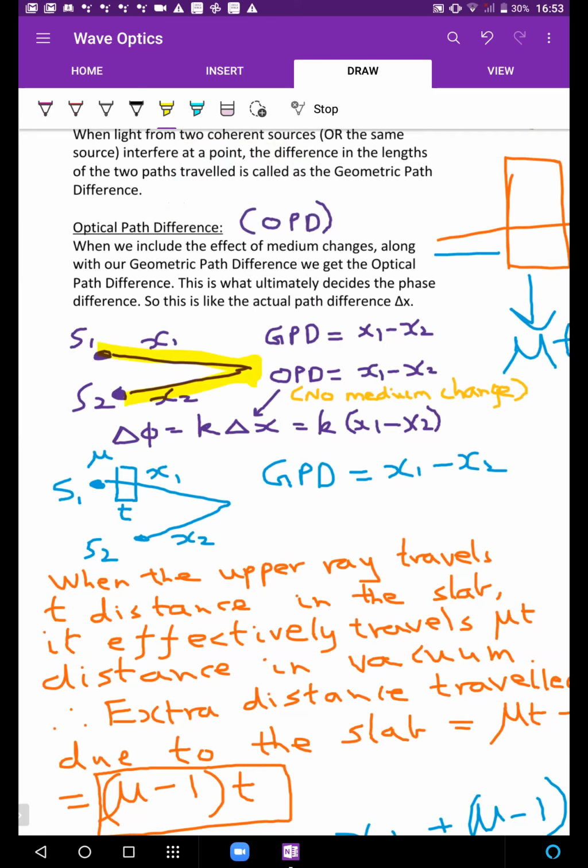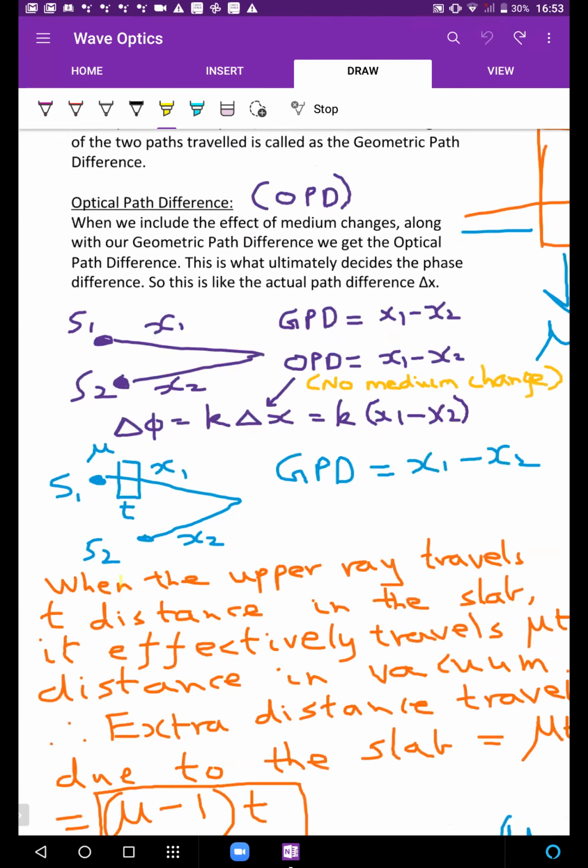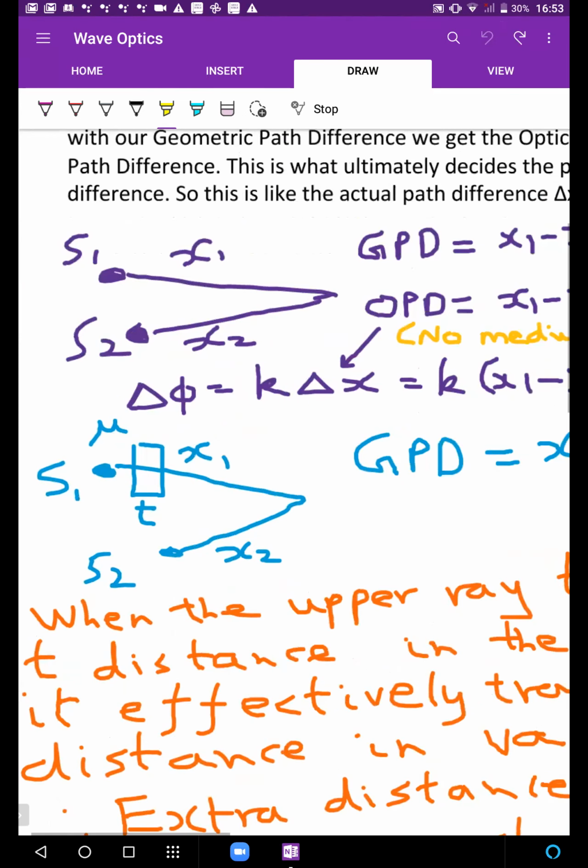But the optical path difference में तुम क्या करोगे? तुम बोलोगे कि अब t डिस्टेंस वैक्यूम में चलने के जगह वो t डिस्टेंस एक मीडियम में चल रहा है, और वो मीडियम में t डिस्टेंस चलने के कारण कितना एक्स्ट्रा फेज डिफरेंस आ रहा है.